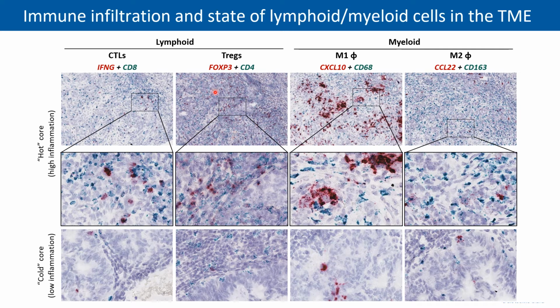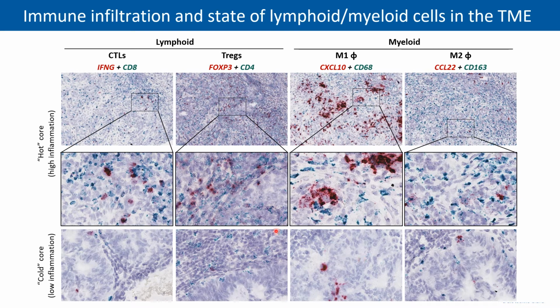Now, expression of all of these lymphoid cell markers is significantly higher in this tumor compared to what we have labeled as the cold tumor. And similarly, if we compare the expression of certain myeloid cell markers, which are your M1 and M2 macrophage markers, we see that their expression is again much higher in this high inflammatory or hot core tumor compared to the cold core tumor.